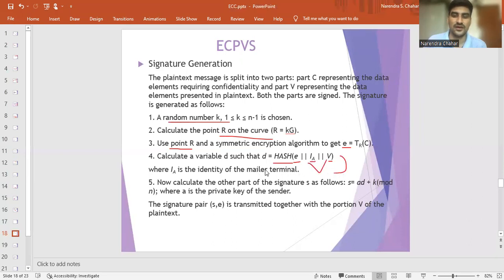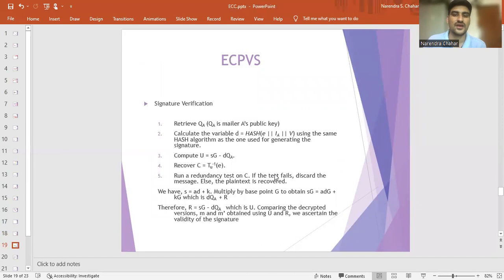Now calculate the other part of the signature as follows. Just like we are finding s, this is a multiplied by d plus k mod n. So a is the private key of the sender, and the signature pair is s, e here. So this is transmitted together with the portion v of the plain text. How do we verify this?